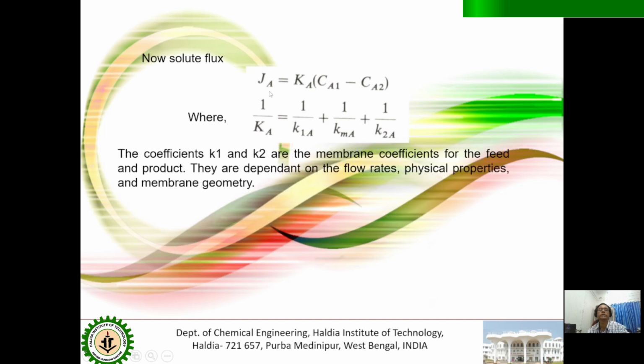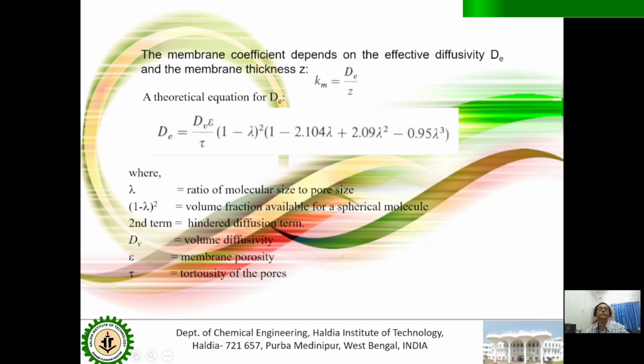Now the solute flux J is defined as J = Km (Ca1 - Ca2), where Km is the membrane coefficient for the feed and product. They are dependent on flow rate, physical properties, and membrane geometry. So the membrane coefficient depends on the effective diffusivity.